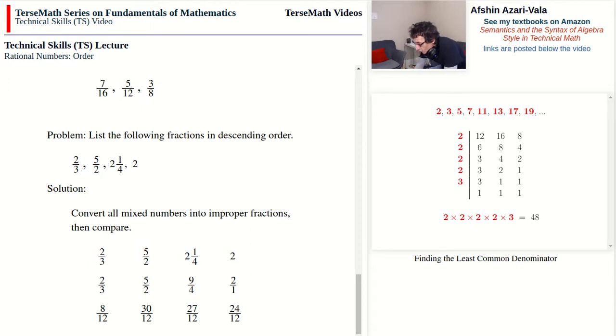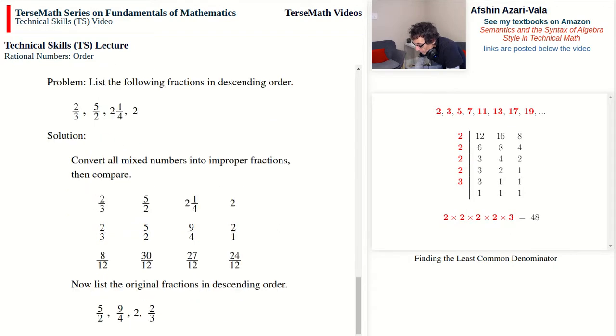And now we can order them in descending order. The one with the largest numerator has the most pieces. So 5/2, followed by 2 1/4, followed by 2, followed by 2/3. And there we have it.